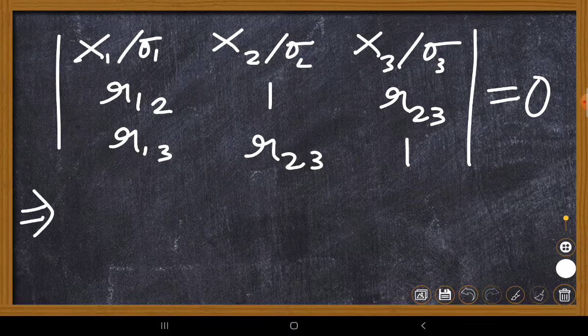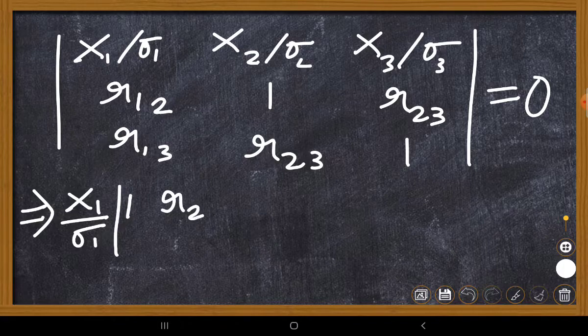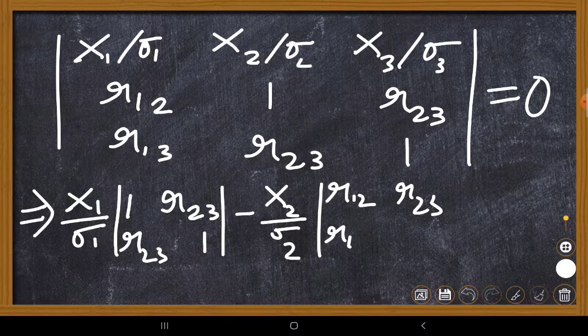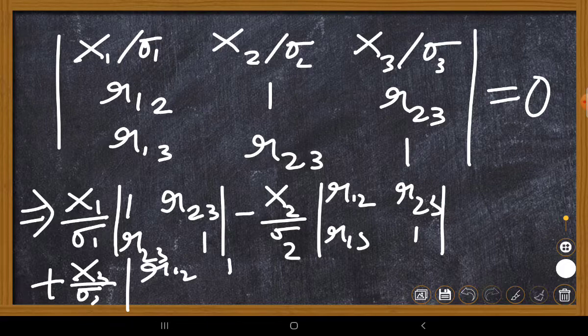We will have x1 by sigma 1 into the determinant 1, r23, r23, 1, minus x2 by sigma 2 into the determinant r12, r23, r13, 1, plus x3 by sigma 3 into the determinant r12, 1, r13, r23. And this is equal to 0.